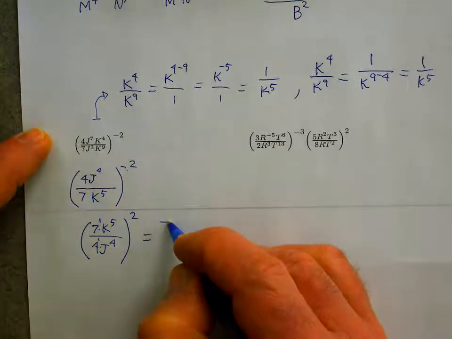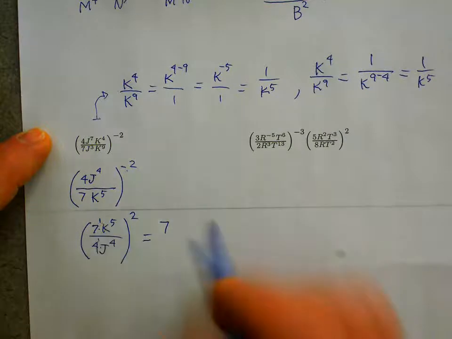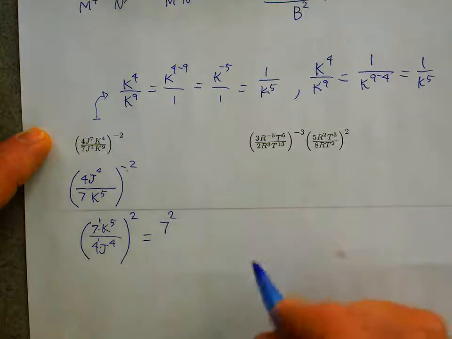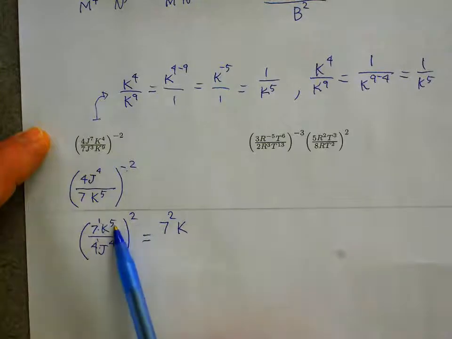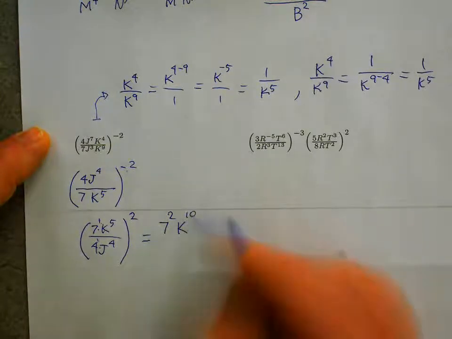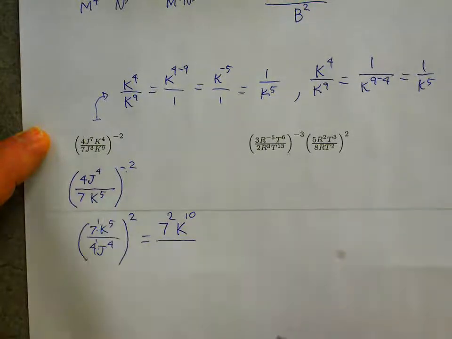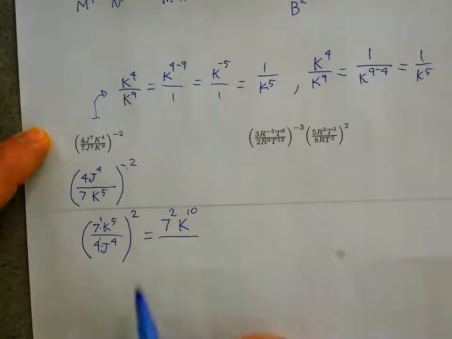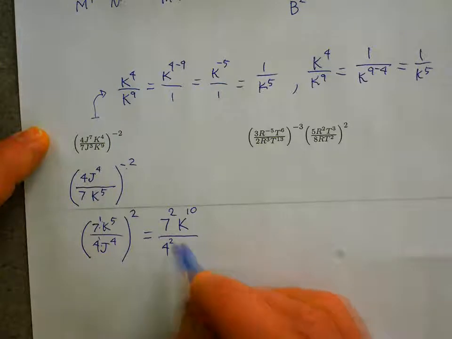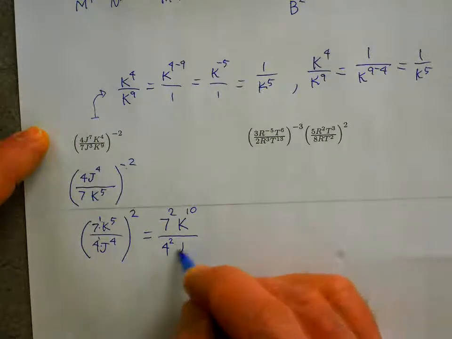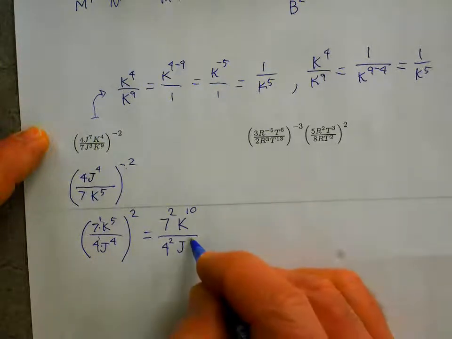So we get 7 to the 2 times 1, or 7 to the 2nd, times k to the 2 times 5, or k to the 10th. And in the denominator, we get 4 to the 2 times 1, or 4 to the 2nd, times j to the 2 times 4, or j to the 8th.